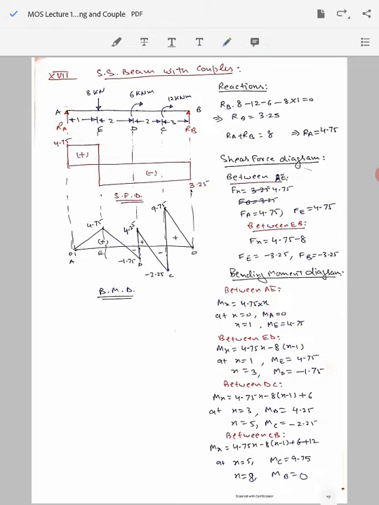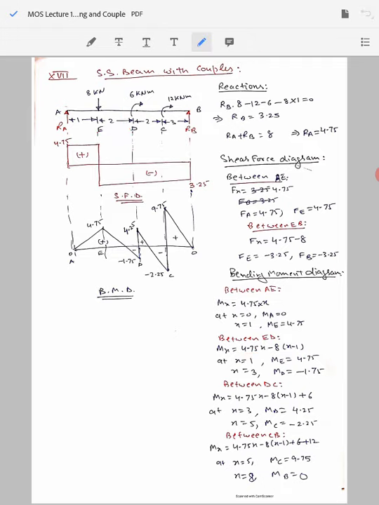Then you cut the beam between E and D. Now you have two forces, RA and 8 kilonewton. RA is acting at distance X, and the 8 kilonewton force is acting at a distance of X minus 1 meter. So this gives us the bending moment at points E and D as 4.75 and minus 1.75.